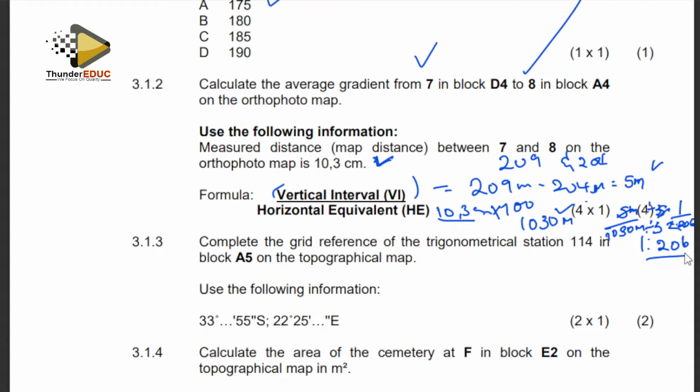Please don't forget, learners, when you reach here, you must divide by the smallest so that you get the answer in ratio. And don't forget here, you multiply by 100. Why? Because the map we are using here is orthophoto, and we agreed that if it is orthophoto and they want the answer in meters, we use 100. If they want the answer in kilometers, we use 0.1.